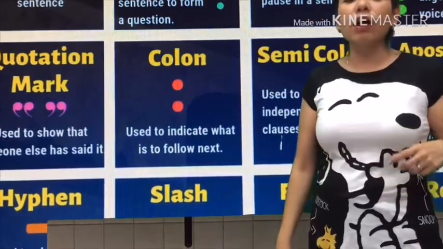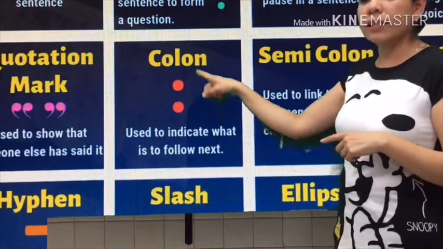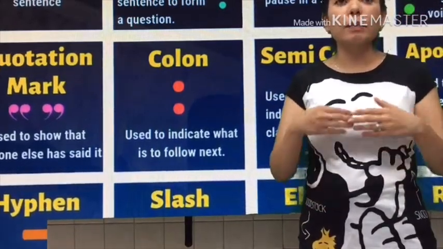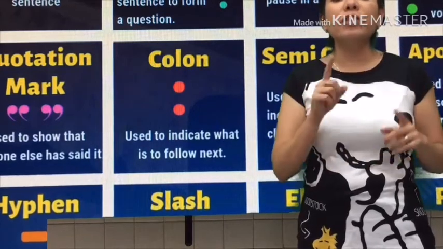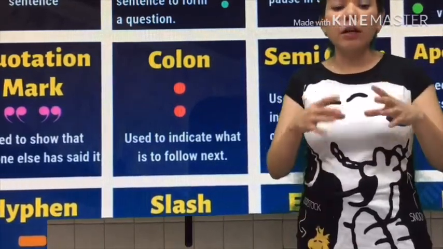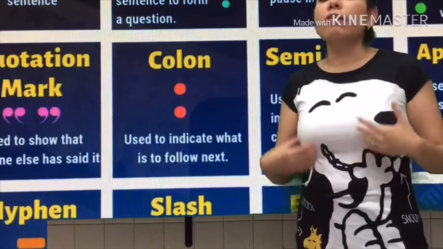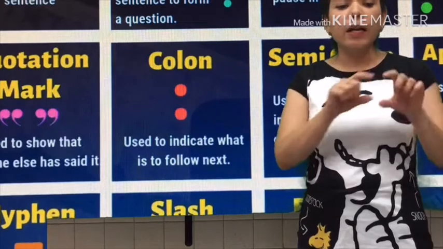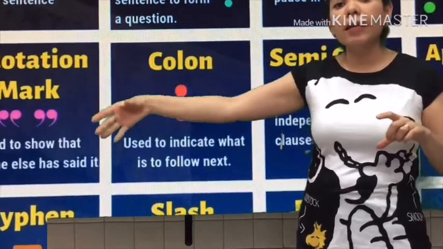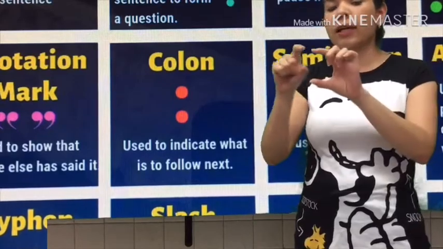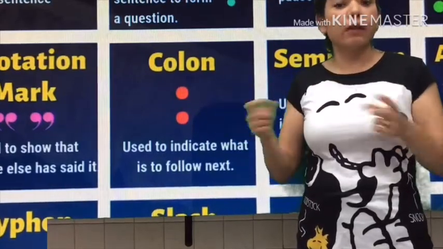Now we have the colon. The colon that you can see here, we use it for explaining, or we use it in dialogues. Remember in the first bimester we saw using colons for dialogue when you have a movie and you want to express something that the character said, like Nemo, and then you put the dialogue of Nemo.